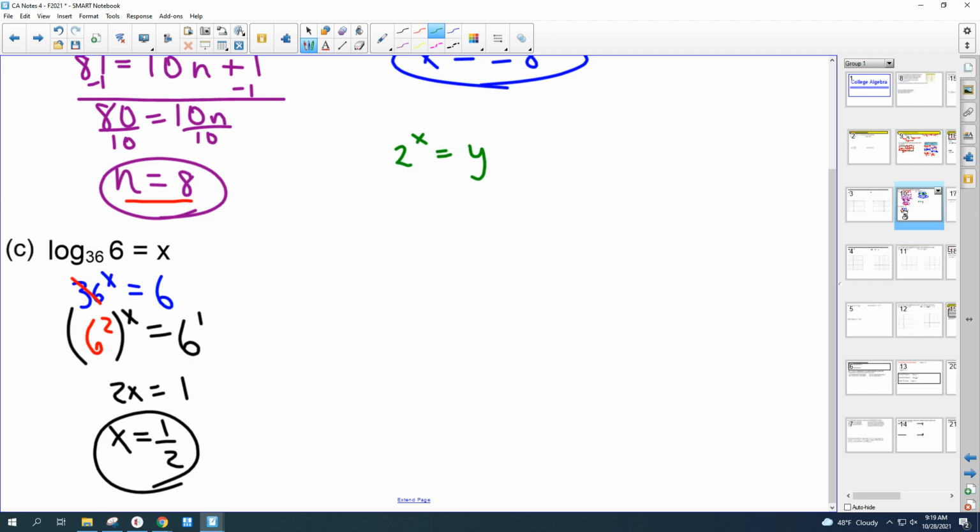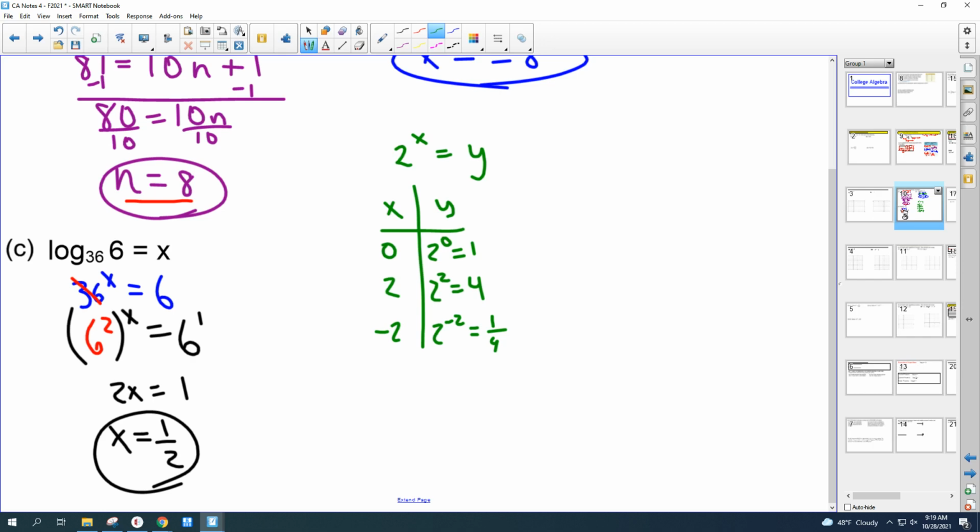If we graphed this, we might have made an xy table, and we might have picked the number 0 for x, and then we could plug it in, 2 to the 0 power is 1, or we might have plugged in a 2, and 2 to the 2nd power is 4, or we might have plugged in a negative 2, and 2 to the negative 2nd power, flip it, square it, you get 1/4. So we knew how to graph this. We just plugged numbers in, we made a table.